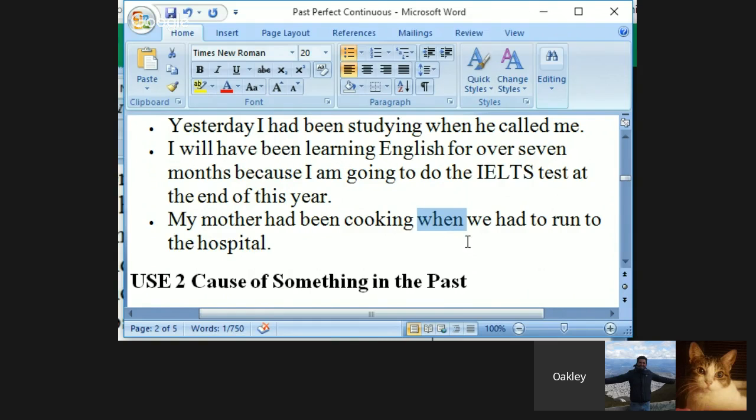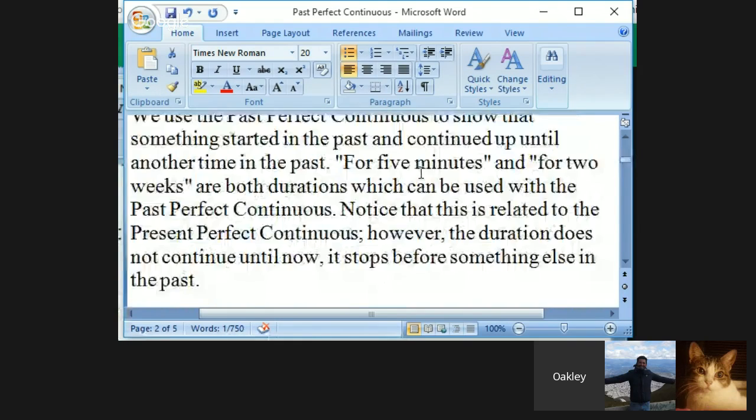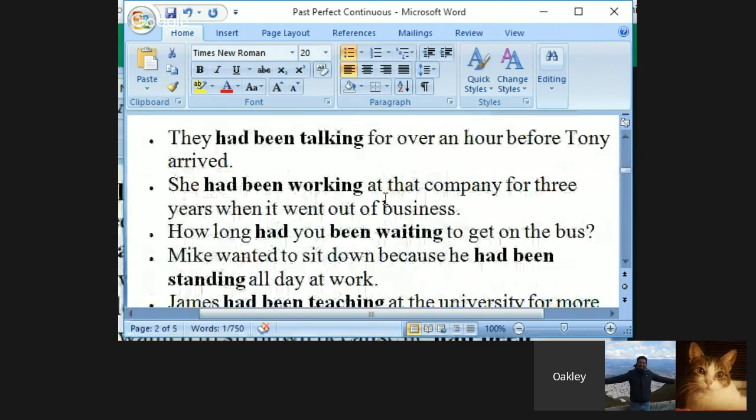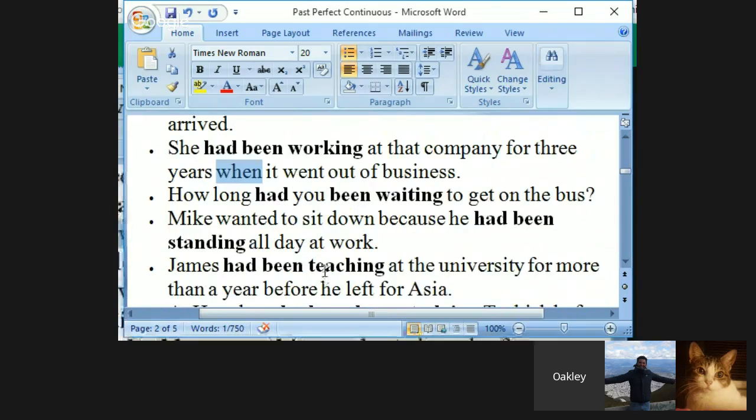Notice in our previous examples, before is used commonly. Okay, we have when. It is possible to use when, but it went out of business.